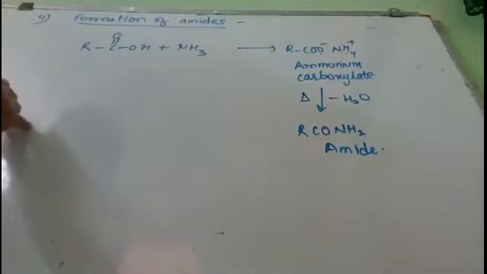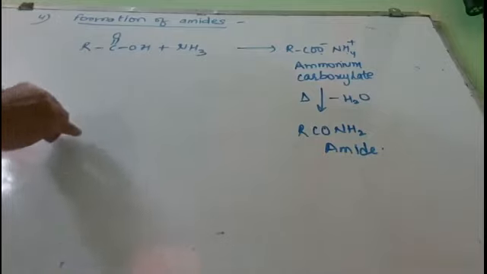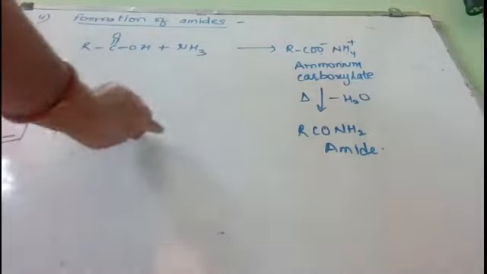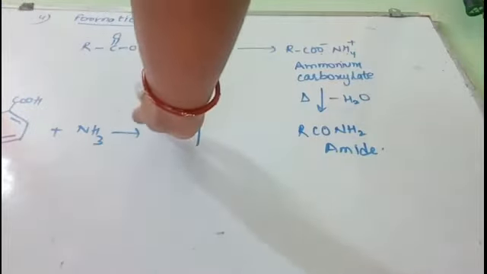Suppose you have benzoic acid. Now when you treat it with ammonia, you will get here ammonium benzoate.